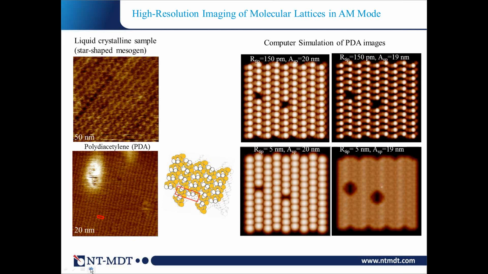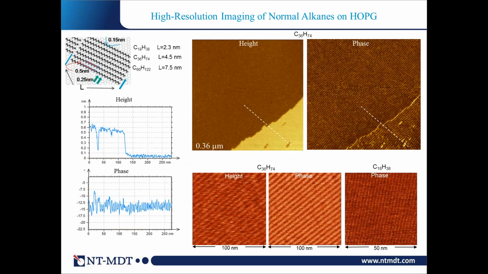Okay, let's move further and get a little bit positive on high-resolution imaging. This is an example I encourage everyone who has a microscope to look at, because you can serve two purposes. These are images of normal alkanes on graphite.